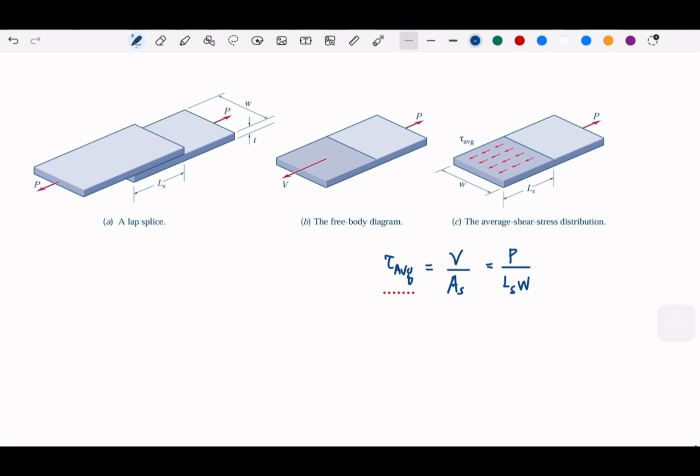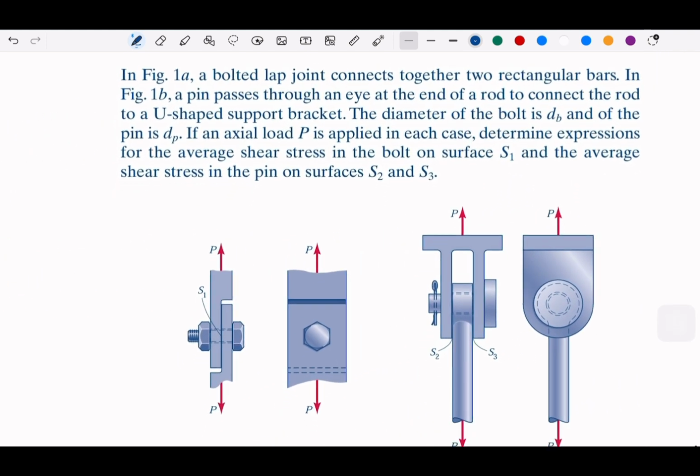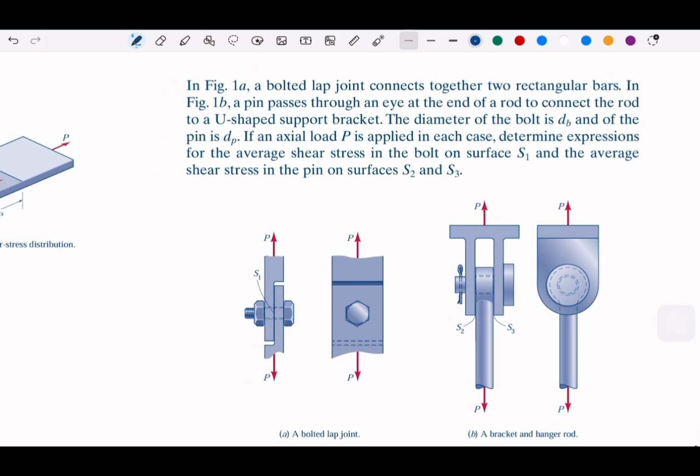In more detail, if we look at another point of view within this example, there are two figures. In figure one, the left one is a bolted lap joint. You put a bolt to join these two, so we call this a lap joint. It only has two layers, and we call this a single shear.